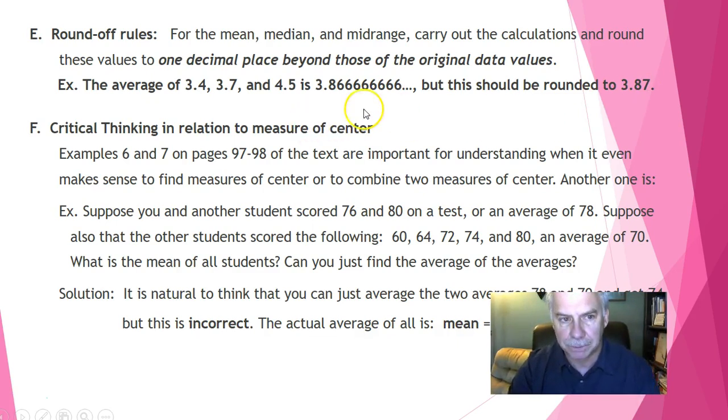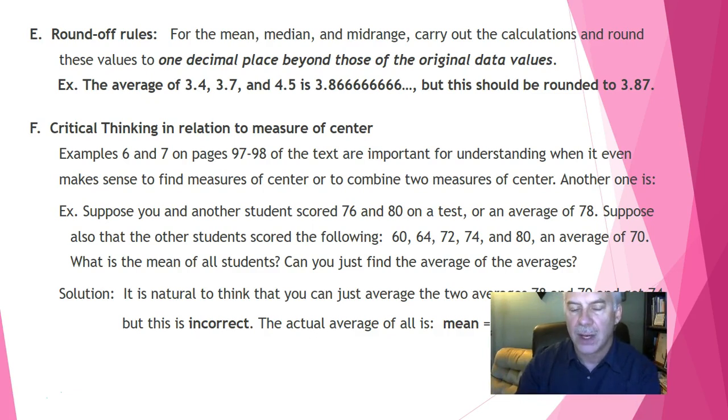Okay, that's an example. Now, examples 6 and 7 on pages 97 and 98 of the text are important for your understanding of when it even makes sense to find measures of center or to combine 2 measures of center. So look at examples 6 and 7 in the textbook.